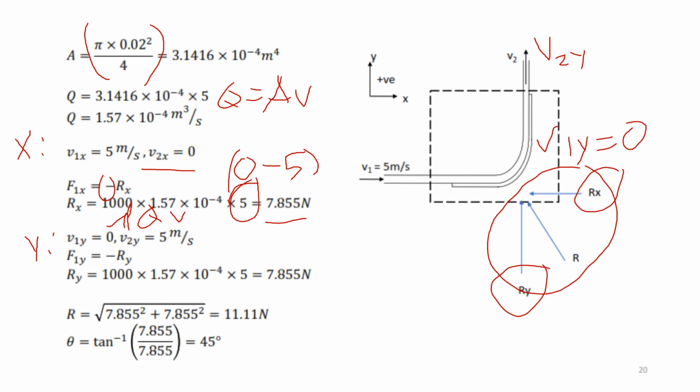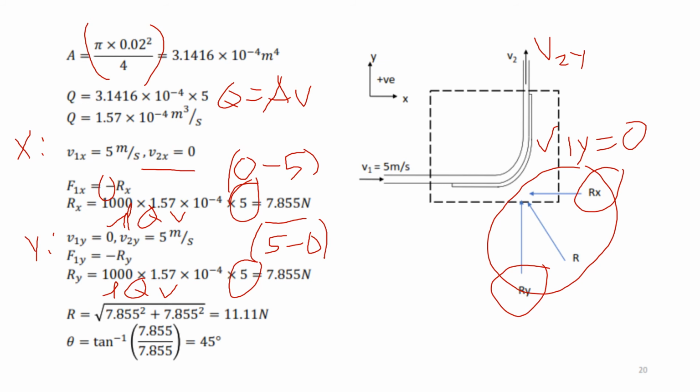We use the same formula, density times Q times change of V. The change of V here is 5 minus 0. So you also get 7.855. Then we can calculate the resultant force, Fr. Fr is the square root of Fx squared plus Fy squared, and we get 11.11 Newton.